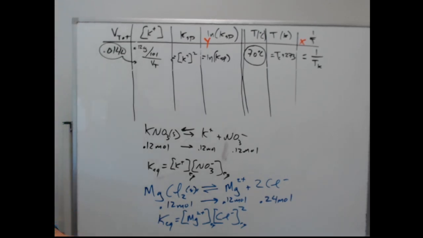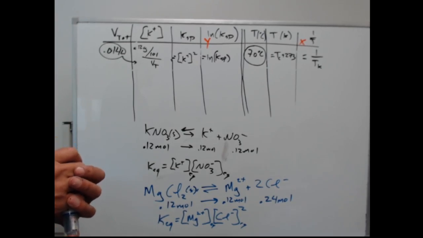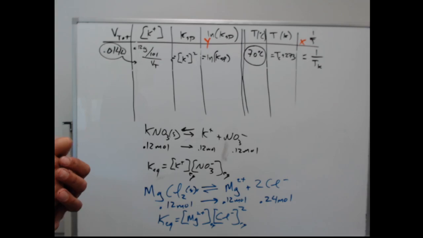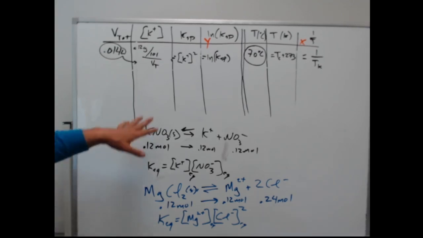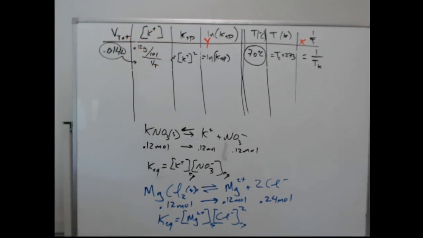Other questions? Yeah. Might be dumb, but what is the concentration of the potassium? Wait, so the concentration of the potassium depends on what we did in the experiment, right? We chose, how many grams of potassium nitrate did you put in? Should be about 12. The procedure said to do 12.